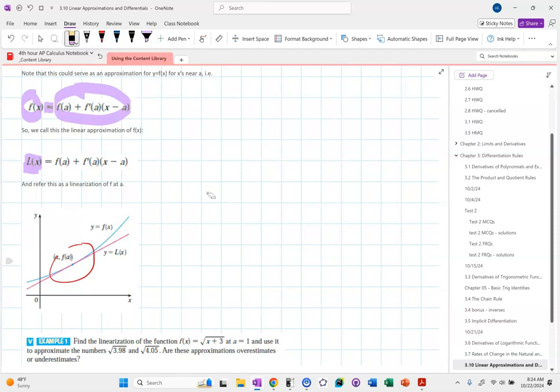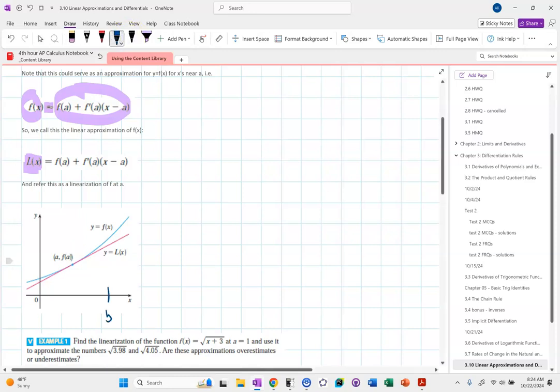The further we get from a, the worse that approximation gets. And for a specific value, if I look at this distance between f of x and L of x, that's going to represent the error in my approximation.